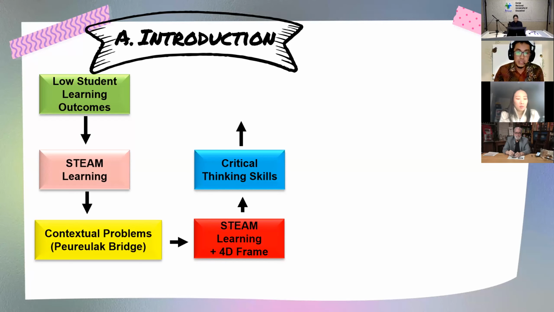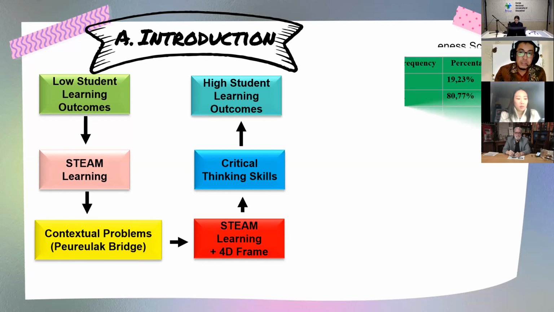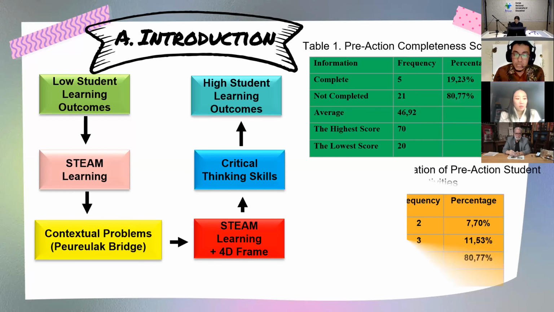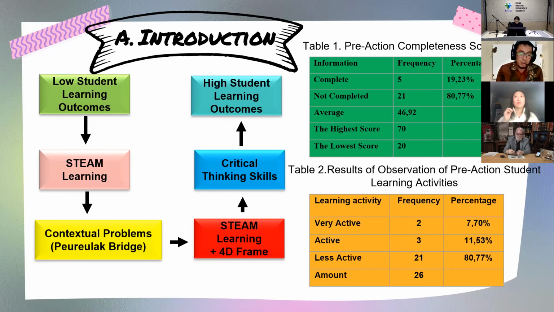We can see from the beginning in table 1 and table 2 that these two tables are the basis of the author to conduct the classroom action research on equation and quadratic function.